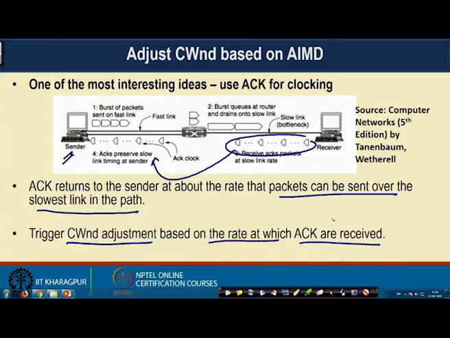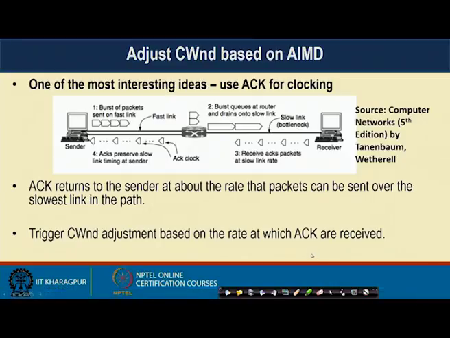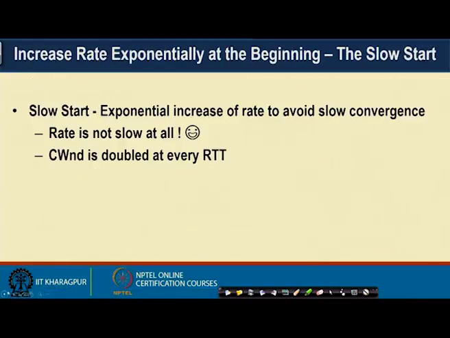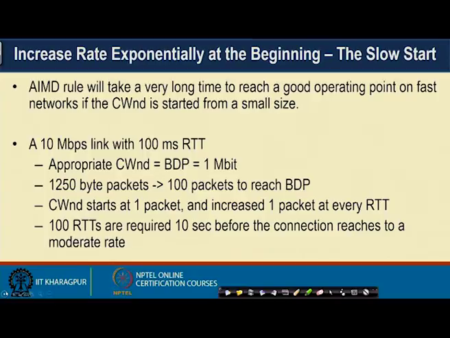Here these acknowledgements are used as clocks to trigger the congestion control in the network. That was another interesting observation by Jacobson while designing the congestion control algorithm. So, that was the basic principle.